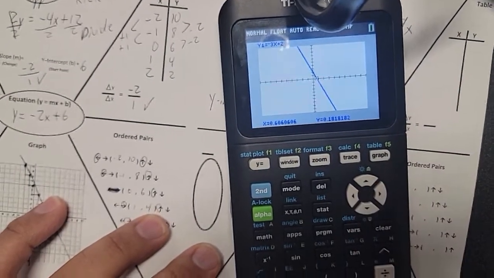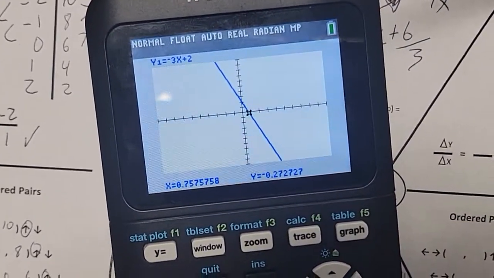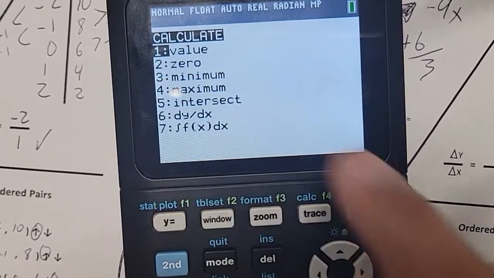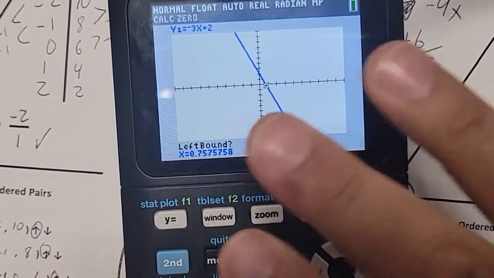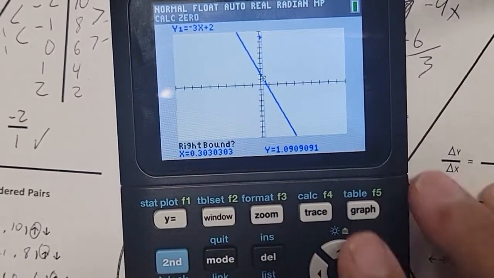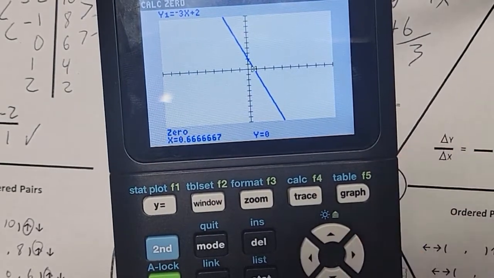Get as close as you can. I think right there is good. Now we do the things. Second trace, looking for the 0. 3 times to the left, 1, 2, 3, enter. 6 times to the right, 1, 2, 3, 4, 5, 6, enter, enter.